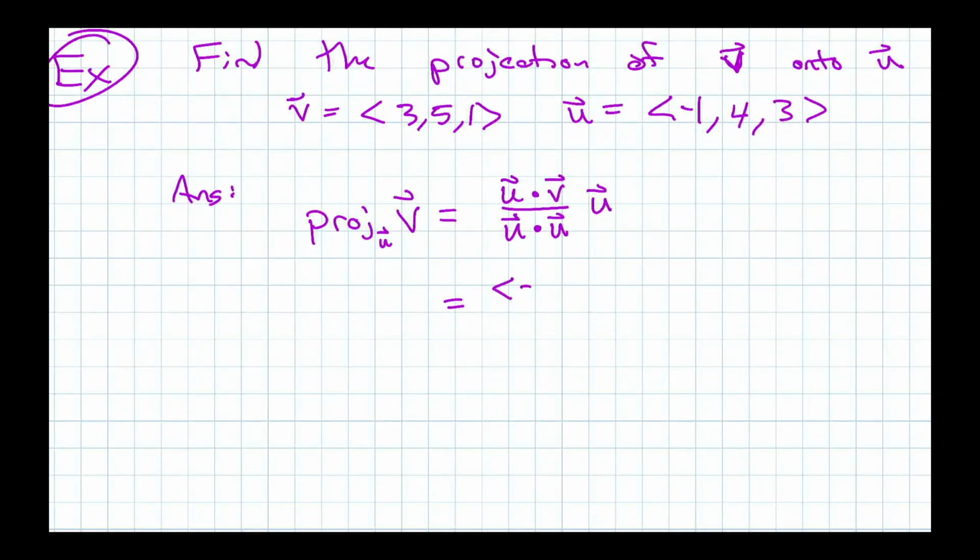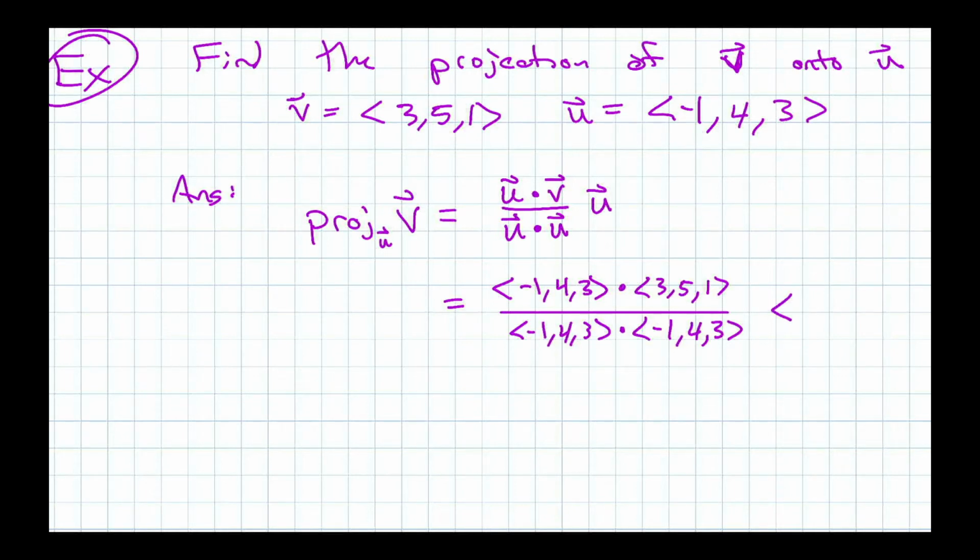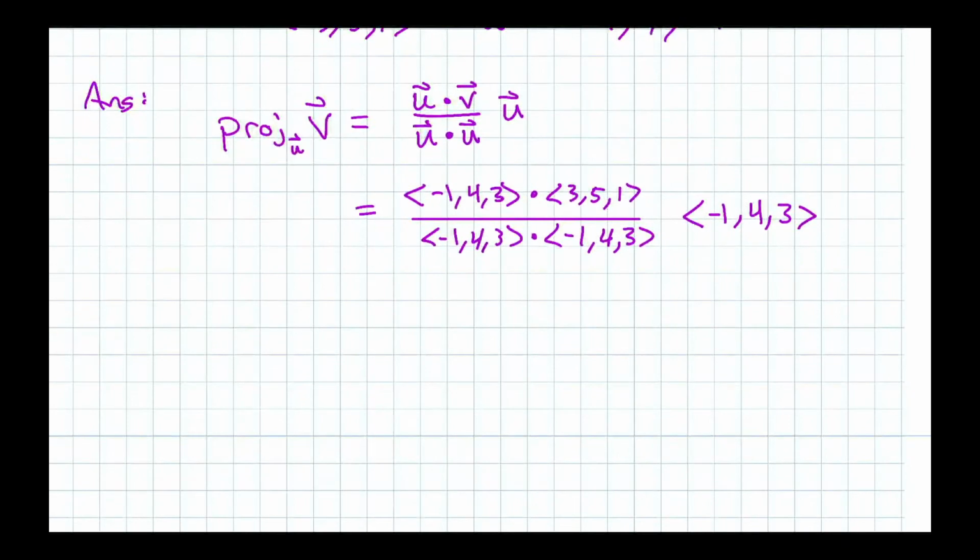So you got u dot v, 3, 5, 1, over u dot u, which is -1, 4, 3 with -1, 4, 3. And then all of that is times the vector -1, 4, 3. And that's what you're going to calculate. So it's really just two dot products and then one multiplication. So it's not actually as hard as it might appear at first.